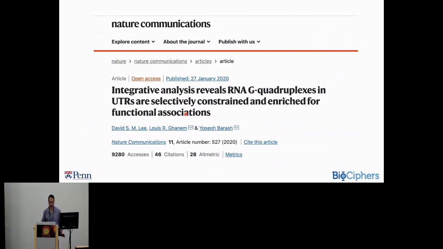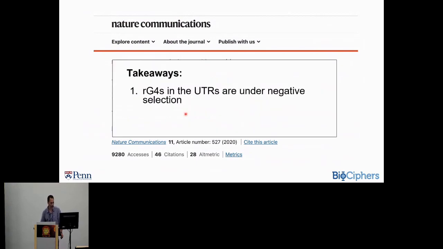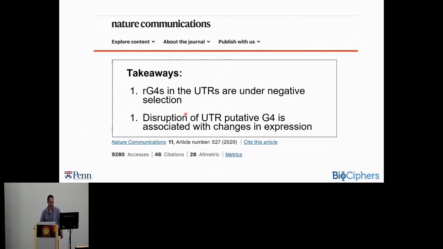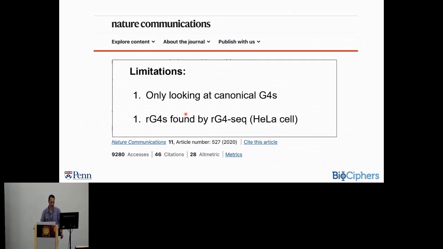The main two take-home messages from this, I'd encourage you to read this, are that there is this negative selection, and disrupting them can affect genes in terms of expression, and we can see associations with GWAS signals, etc. But there were limitations to this work because we only looked at canonical G4s and those that were reported with this high throughput RT-stop method that I mentioned, which were a few thousand hits in HeLa cells. So it's very limited, okay?